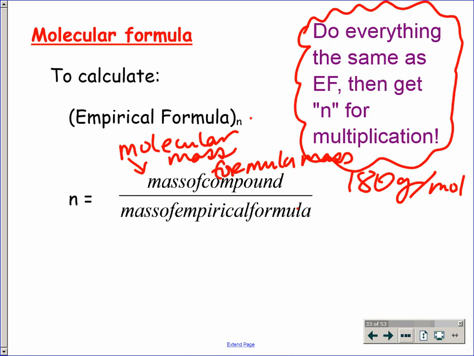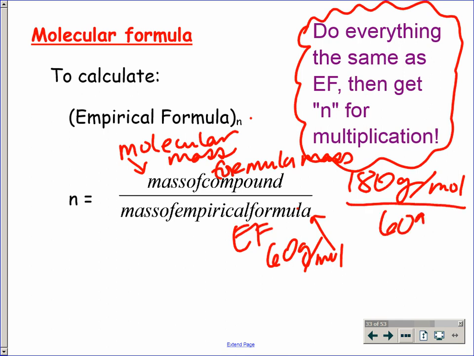At this point you're like, okay, what do I do with that? You will already have the empirical formula, from calculation or given in the problem. Let's say your empirical formula only weighed 60 grams per mole. You would take the 180 and divide it by the 60 grams per mole. What is that? 3. So the multiple between the EF and the MF is 3.